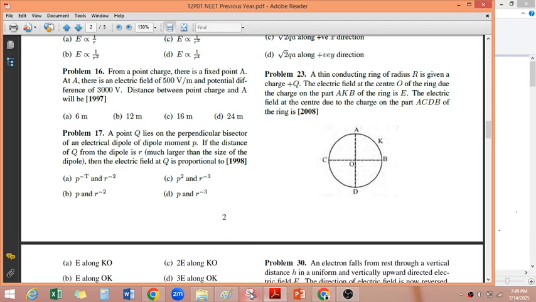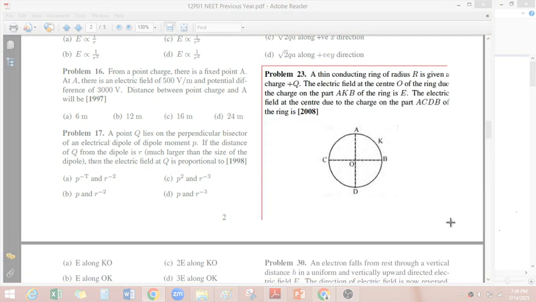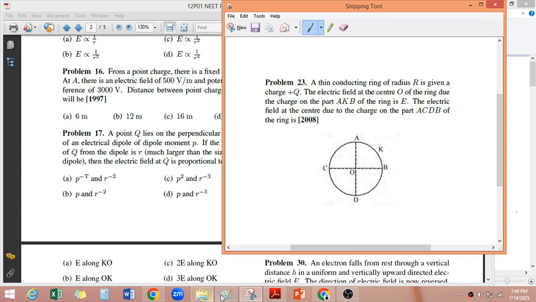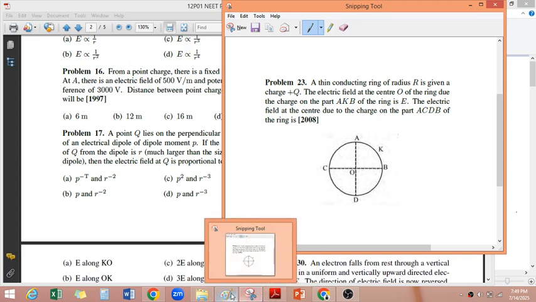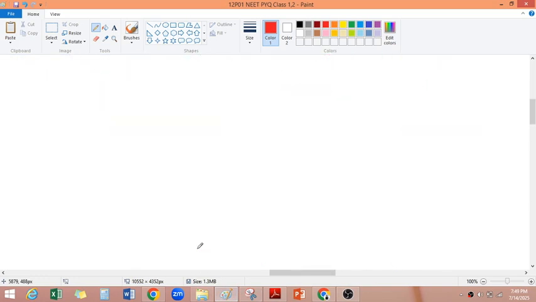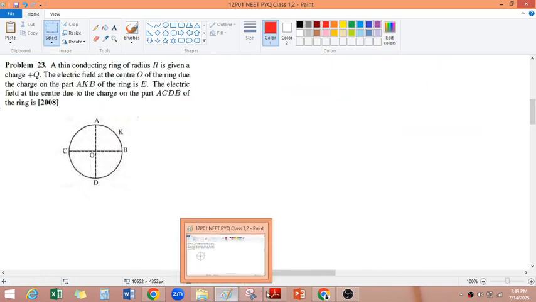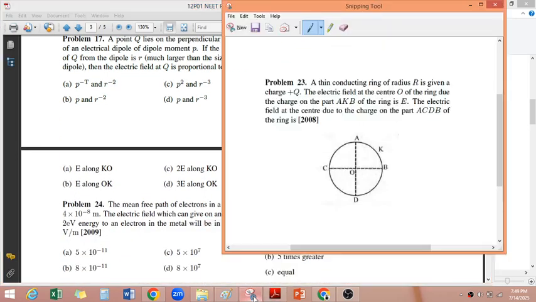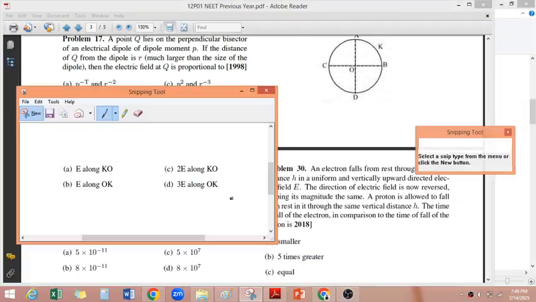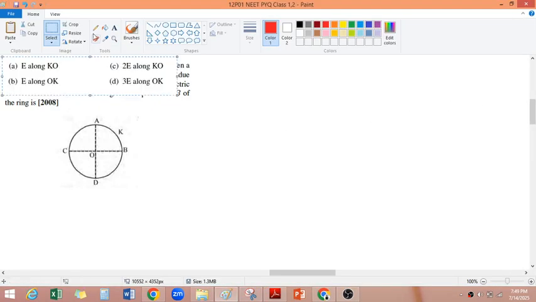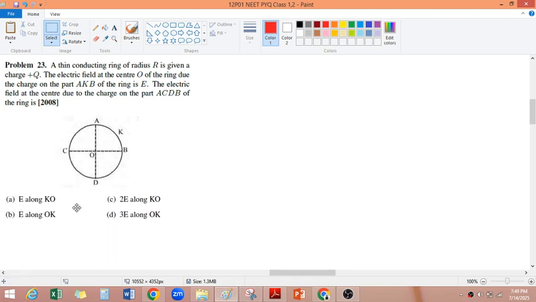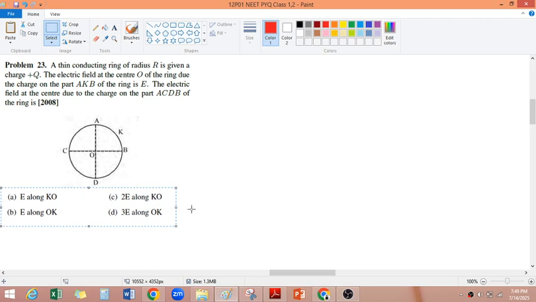23. A thin conducting ring of radius r is given a charge plus q.